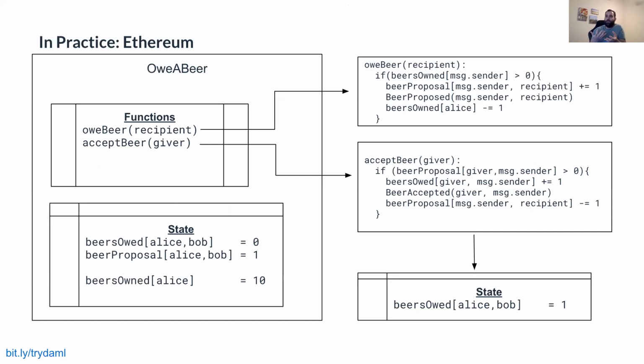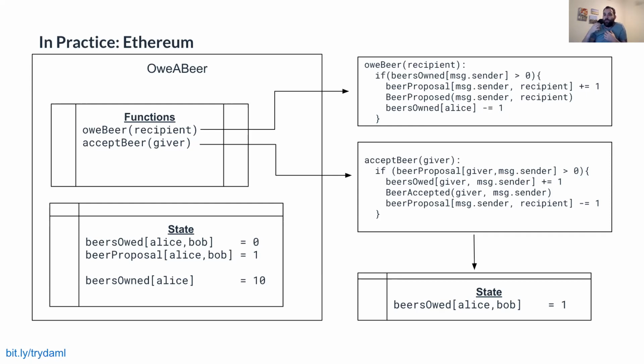So in practice, say we have here a program running on Ethereum, and the program basically allows you to owe someone a beer. And within that class, we have a few functions, and instances of this class will have these functions and also carry with them an internal state, like any program.